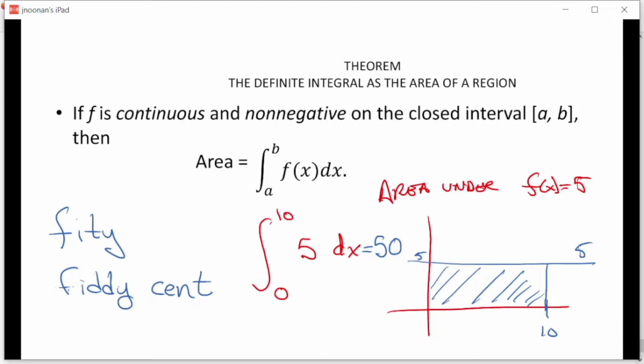That's what we're extending to. Like this one, we're doing the integral from 0 to 10. If I did it the other way around, if I started at 10 and went back to 0, imagine going backwards, then the length here is negative 10 times 5, and that would give me negative 50.